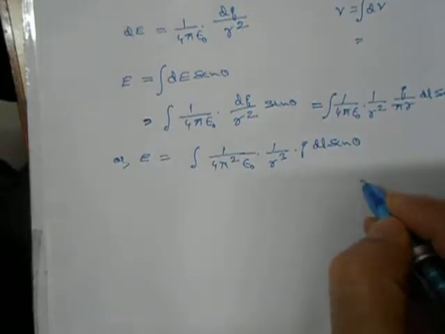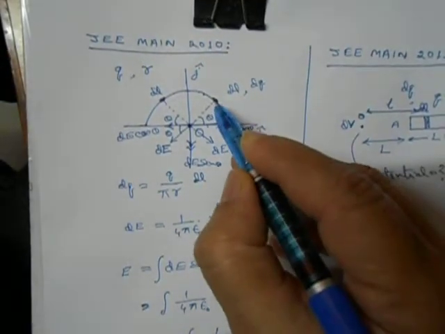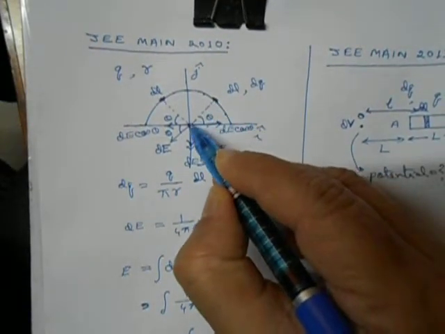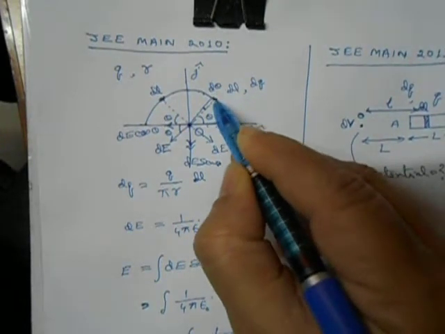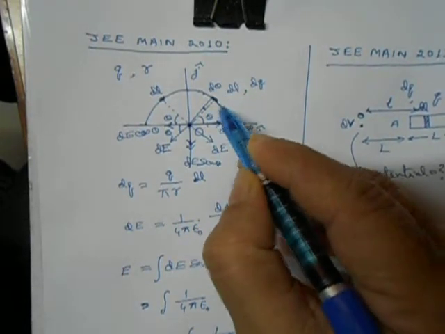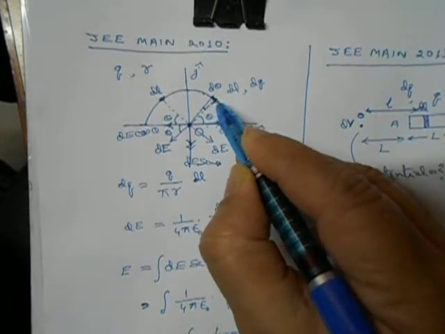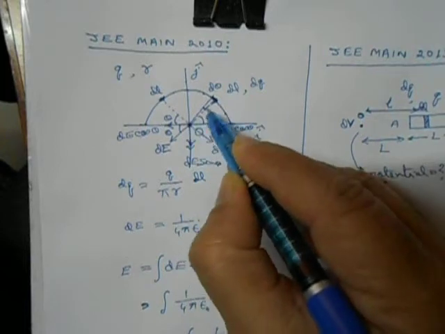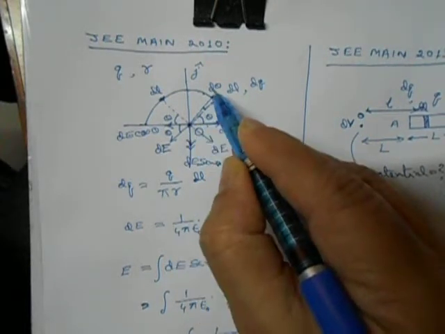This can be done very easily. See, this small element dl makes an angle d theta here. This small element dl has a length, and that length is subtending an angle d theta at the center.